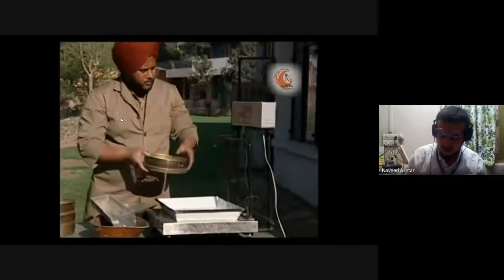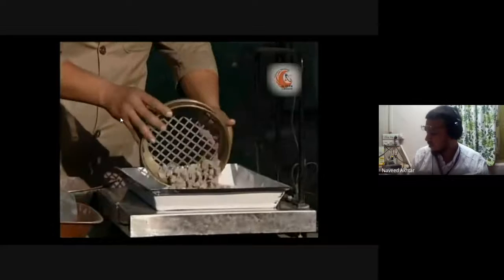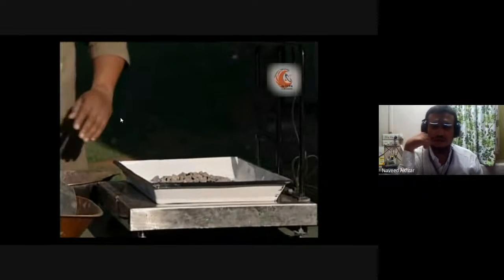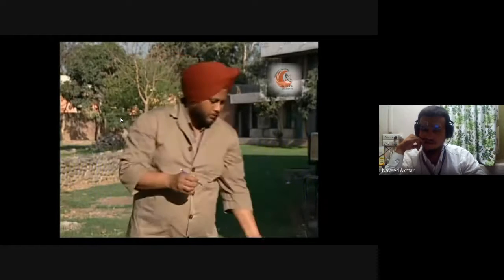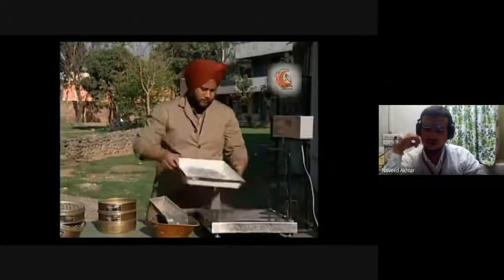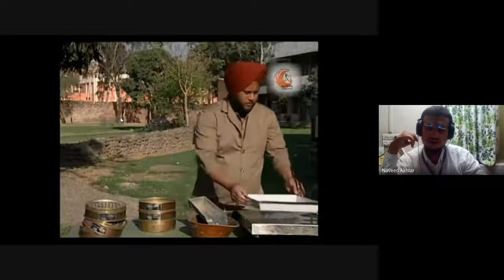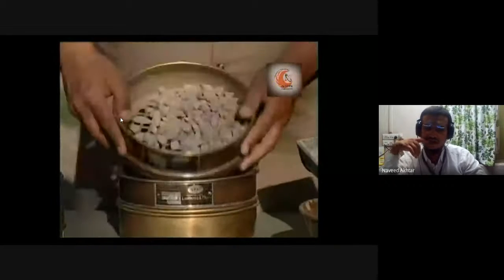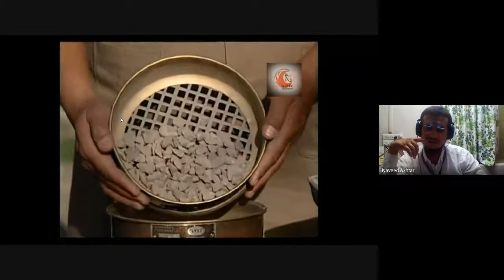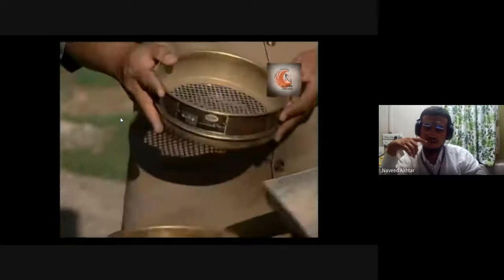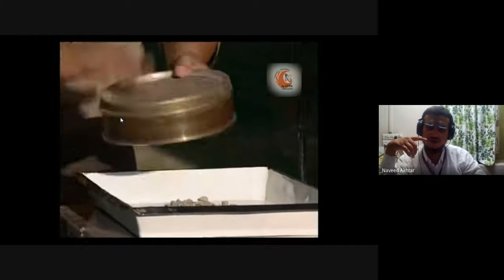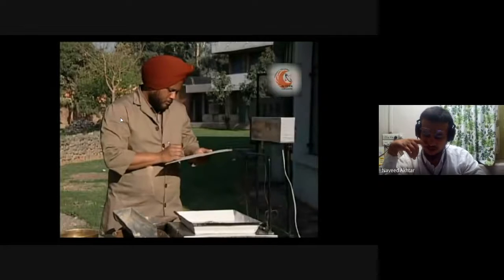Now the 12.5 sieve you can measure. All the readings are recorded. Then the 10 mm sieve, the aggregate retained on the 10 sieve. Also the aggregate retained on the 4.75 sieve. All the weights are recorded.